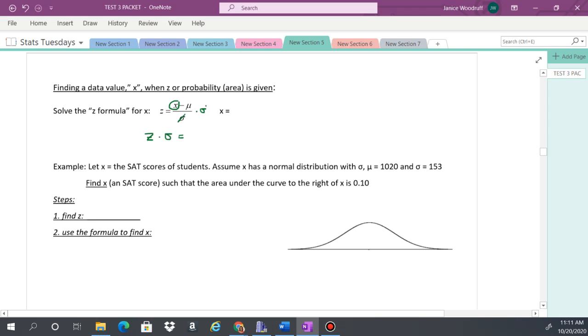These would cancel. Then x minus the mean. And then I'd want to add the mean to both sides. So then that should give me z times the standard deviation plus the mean equals my x value, because then those would cancel.